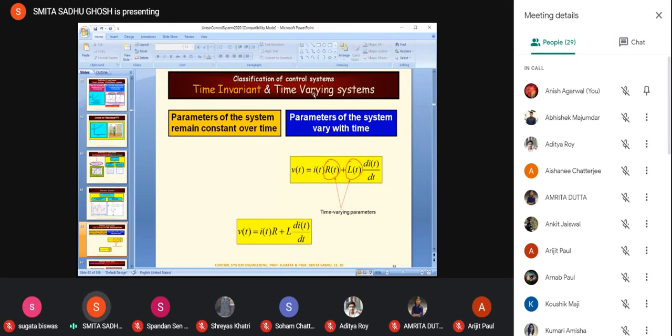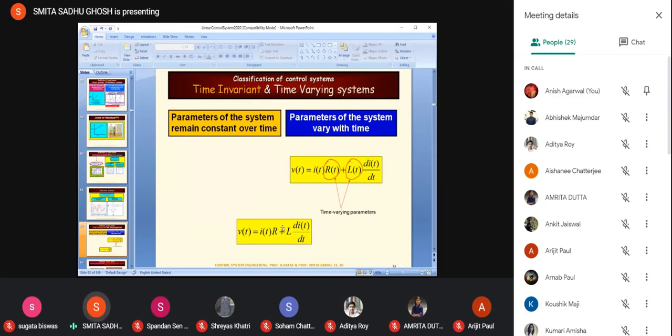Now again, say for example, if I have a resistance RL circuit like the one that I'm pointing to right now, if you can see my cursor, the dynamics of the system is described by this equation, V(t) equals i(t)R plus L di/dt. So that actually describes the dynamics of the system.